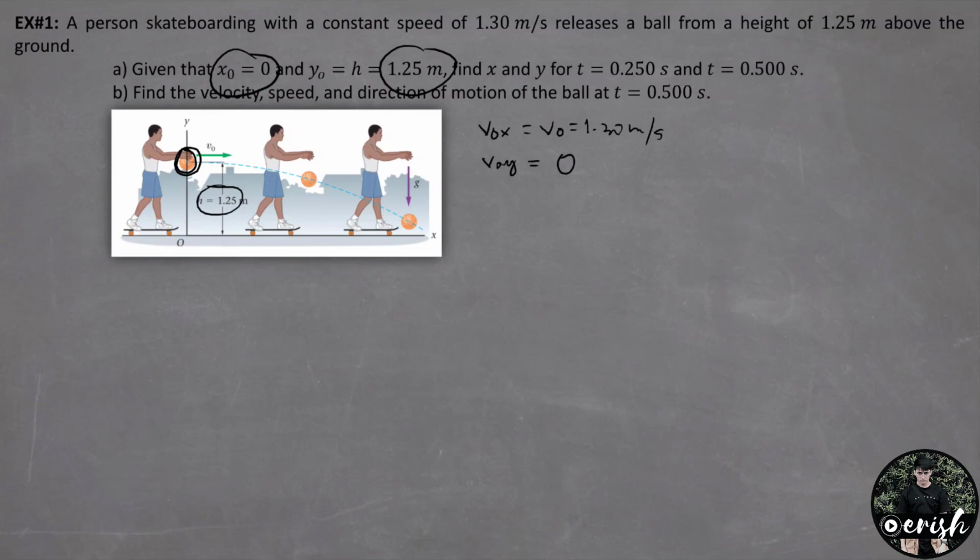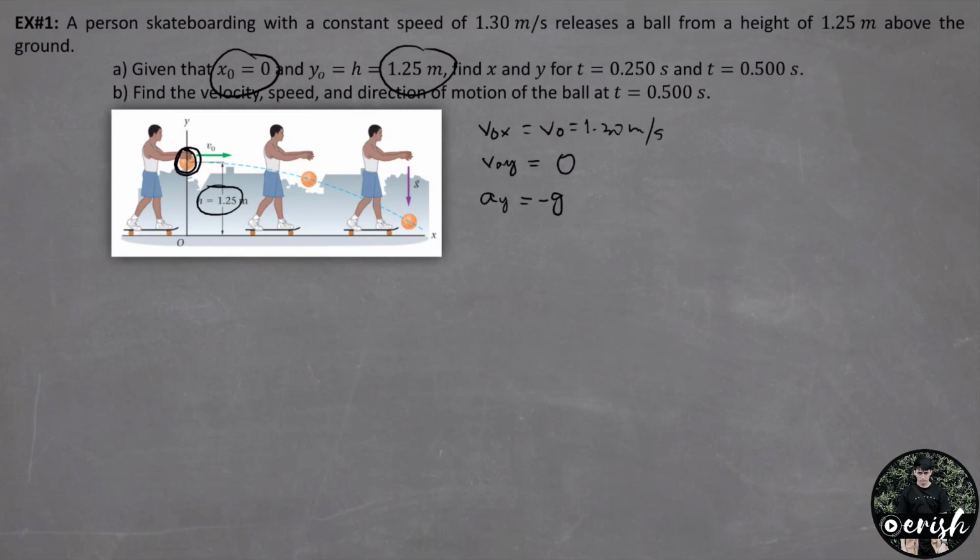In addition, nag-accelerate yung bola with the acceleration due to gravity in the negative y direction. So, i-apply natin yung concept na the vertical acceleration is equal to negative acceleration due to gravity. Nasa negative y direction. And gumagalaw yung bola with constant speed in the x direction.